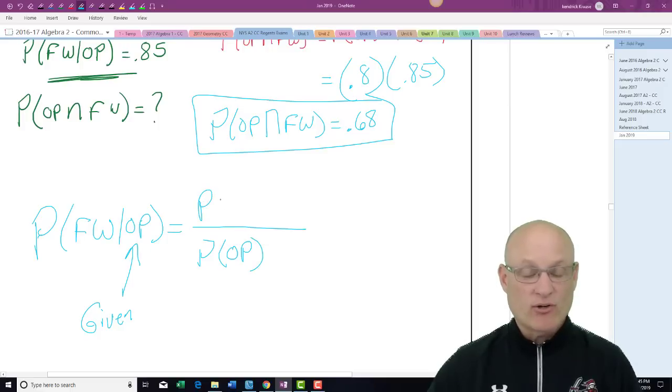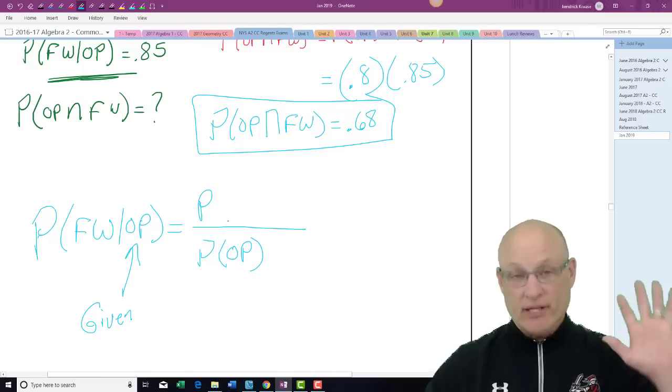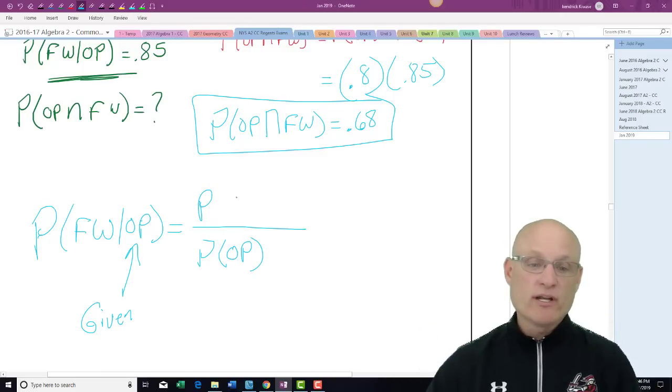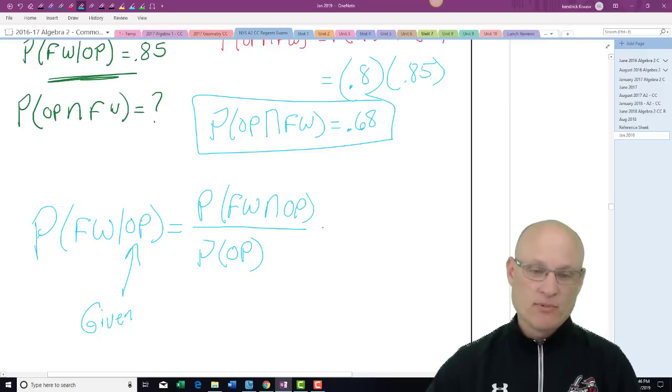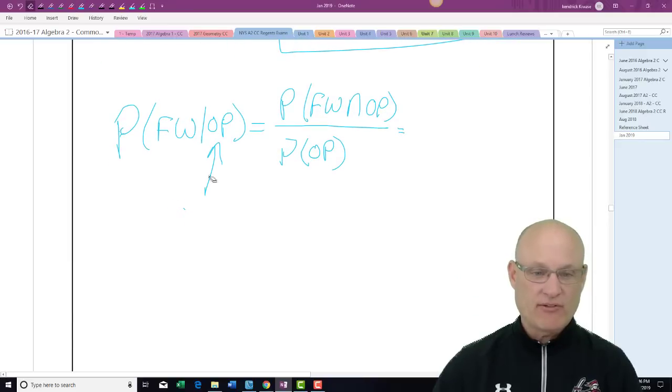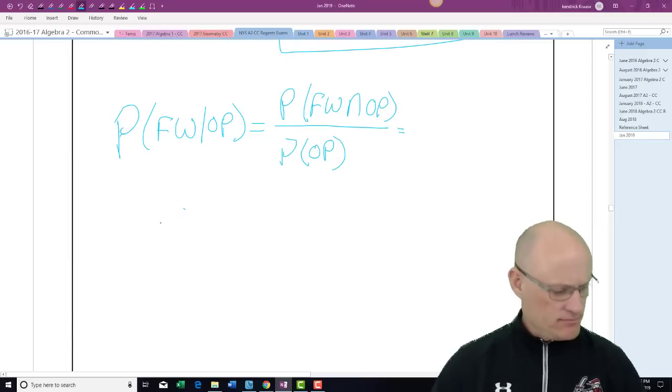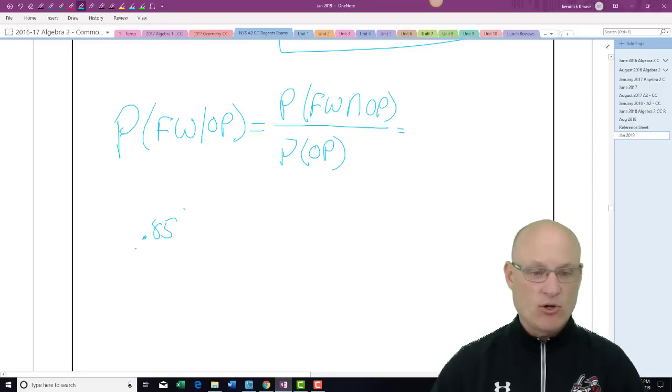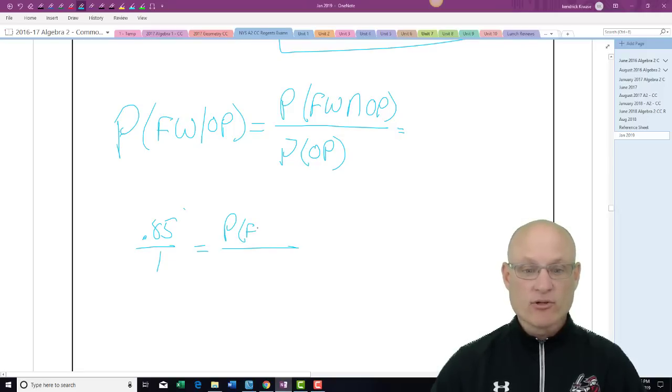And in the numerator is, given that your new universe is opposing plumbing, what is the probability that they also favor walkways and are opposing plumbing? If I use this formula, which is the same exact thing, I get 0.85 over 1 equals probability of favor walkways and oppose plumbing over 0.8.